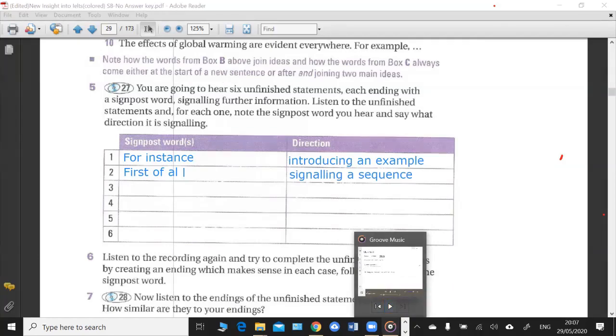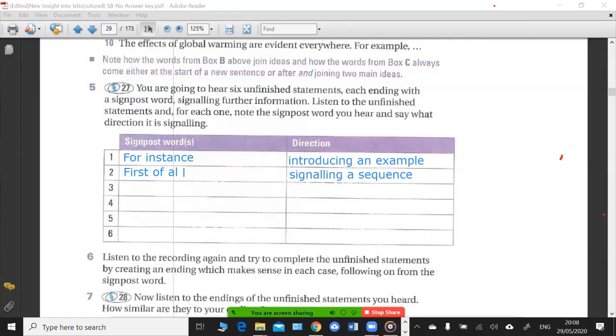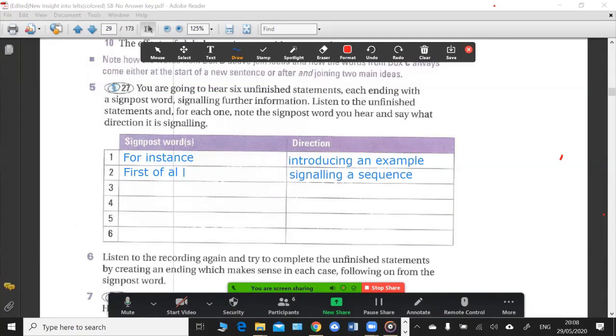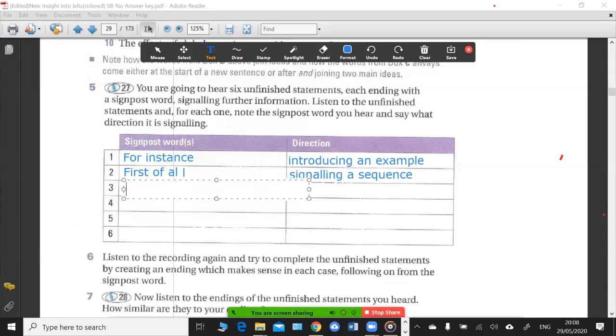Next one. Consequently. That's right. So here we go with the word consequently, and direction.